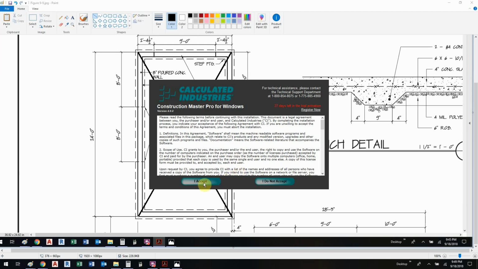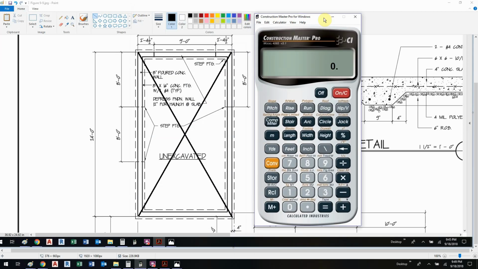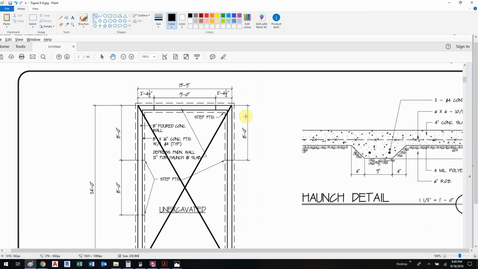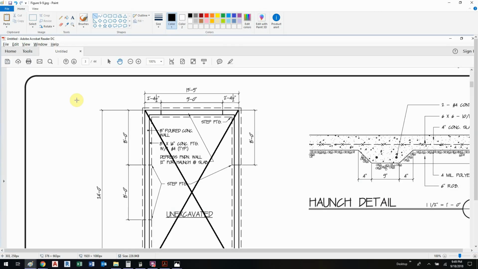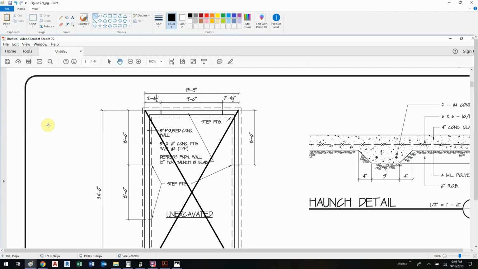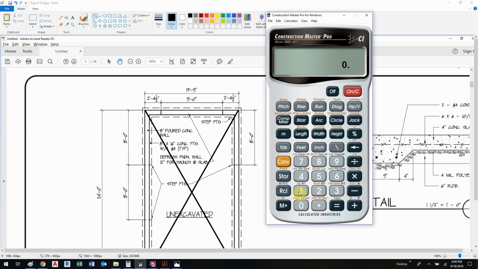So I have my construction calculator, and I'm going to stop over here just for a minute and pull this out so that I can see it, where it doesn't give me any in between, does it? Okay, I can see those two. Okay, so I have 13 feet 9 inches, and I'm going to put that as the run because it is going in the X, so that is the run.